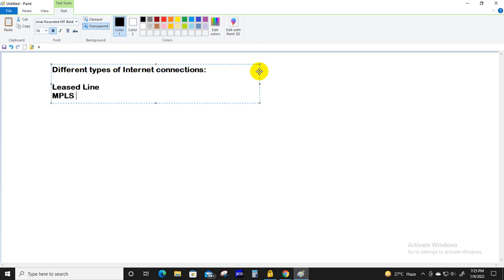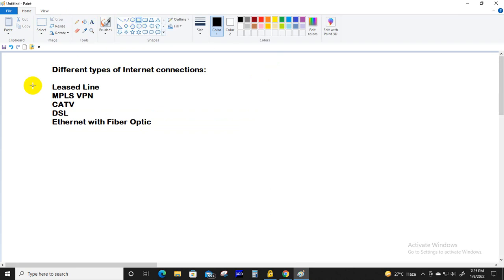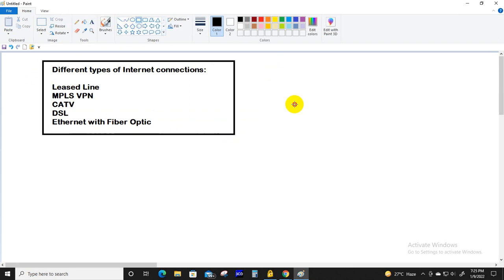MPLS VPN can be used to access internet. CATV, DSL, Ethernet with fiber optic. These are the different types of internet connection we can use.